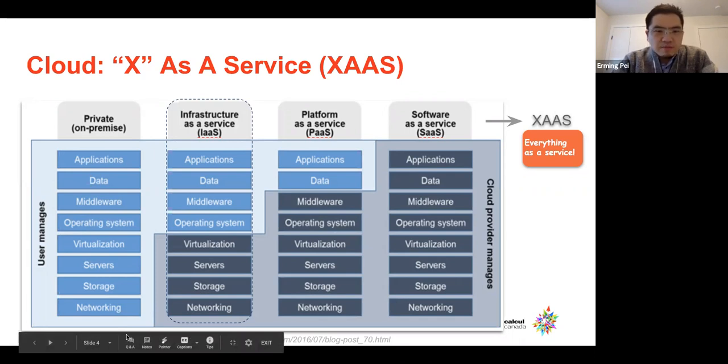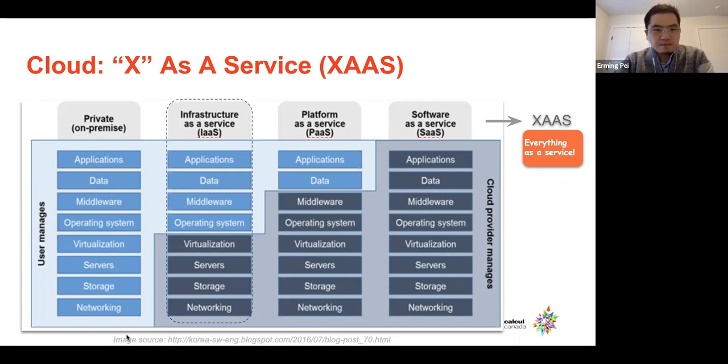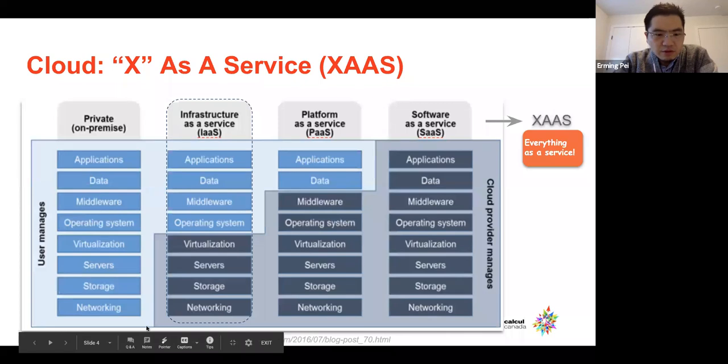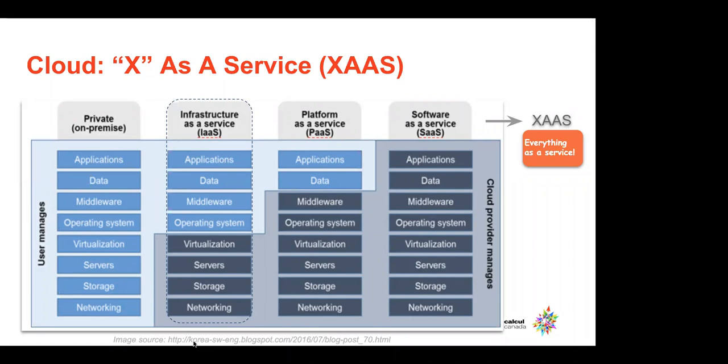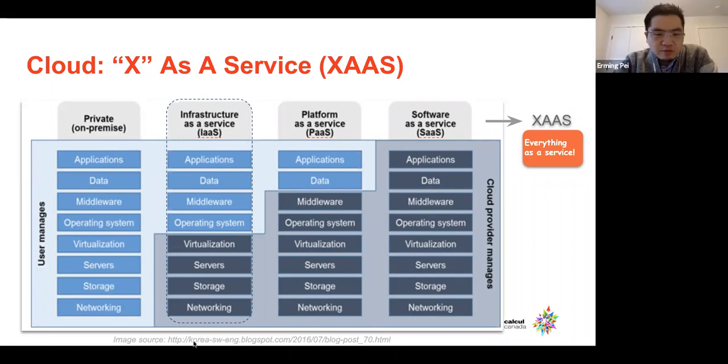With IaaS, the second pillar, users only need to worry about the operating system, data, and applications. You don't have to purchase the hardware. You don't need to do networking, storage, servers, or even virtualization.